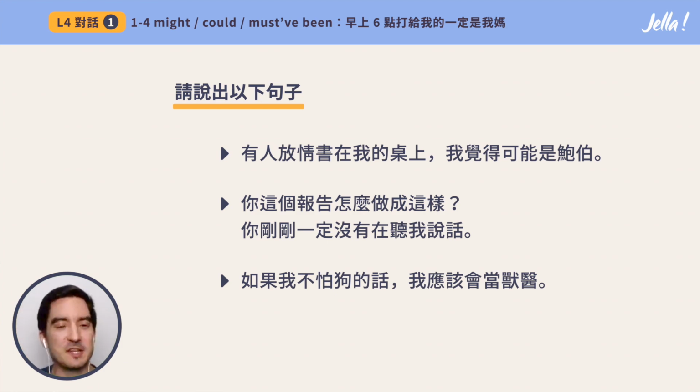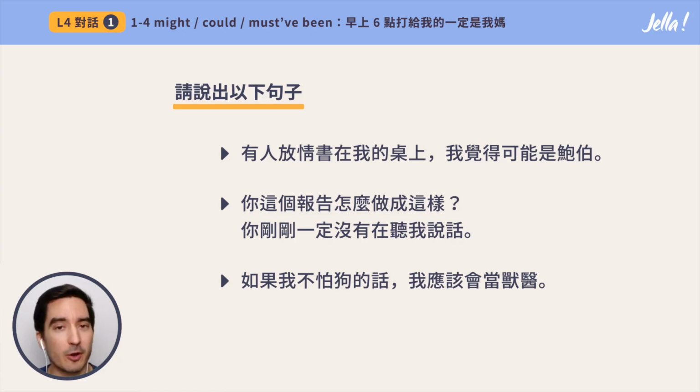We have 2 more sections to go. Okay. Now, next up, we're talking about, again, we're doing might, could, and must. I'll try not to repeat myself too many times. But now we're talking about the past tense, right? So before. And now, to make it in the past tense, we use our modal verbs.